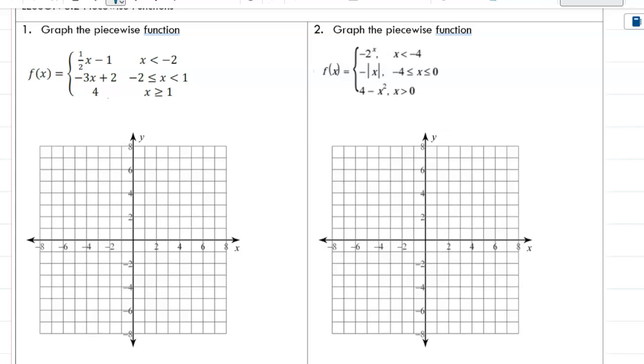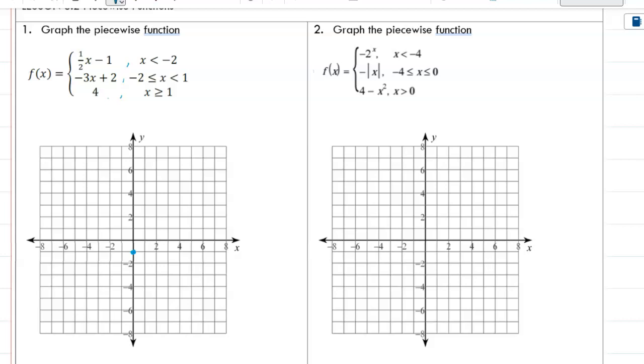So the easiest way to do this is to take into account the parameters that you have to use, but also just to actually graph the function all together, and then you can kind of erase or know where to actually plot the points. So let's look at the first one.